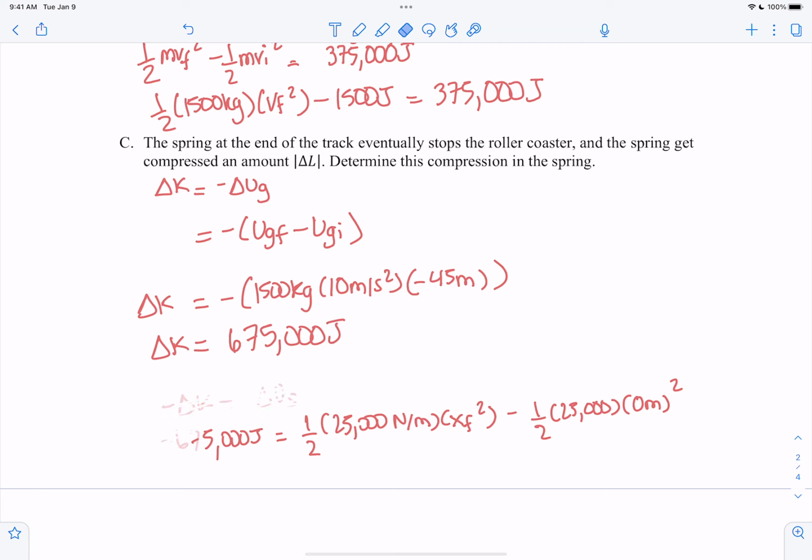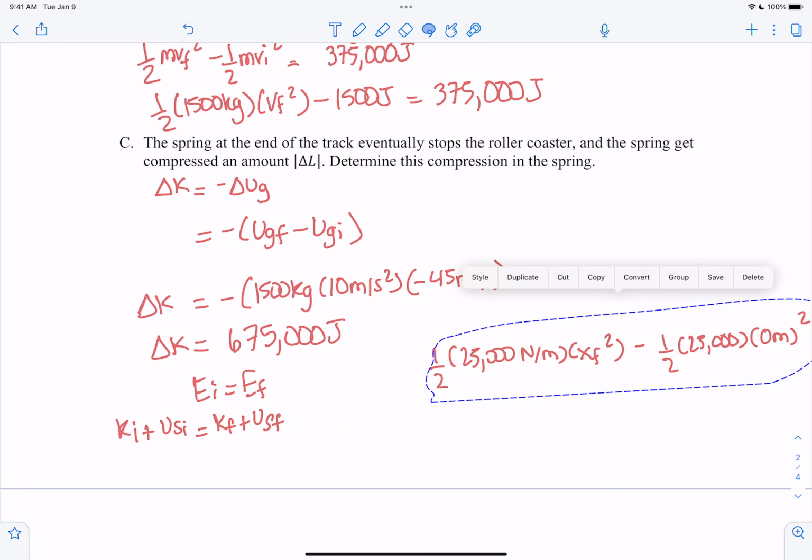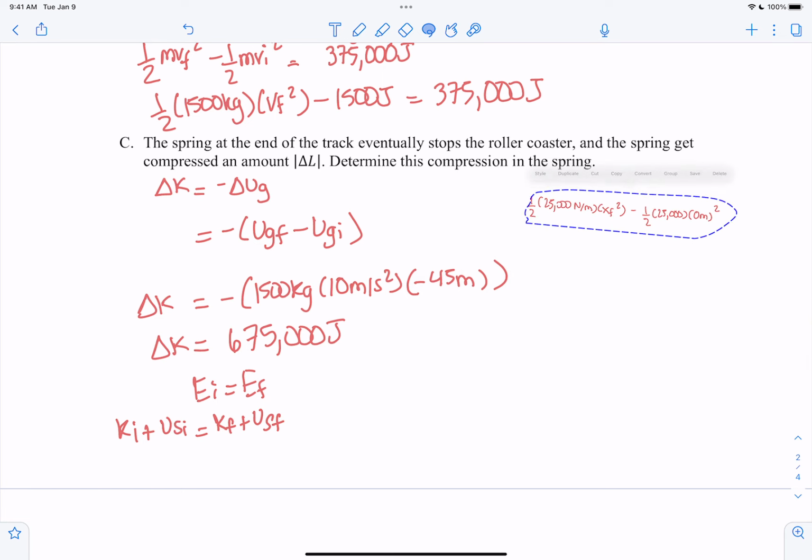So, once again, if we say EI is equal to EF, right? There's an initial kinetic at the bottom of that loop, an initial spring potential energy, and there's a final kinetic and a final spring potential energy, right? So just move this over here a little bit.